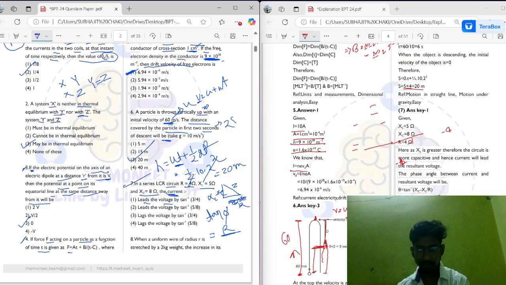That means R2 square by R1 square. R2 means R by 2, means 1 by 4. R1 cancels out. So del L2 means 4 into del L1, 4 into 2 mm, so it will be equal to 8 mm. The answer will be 8 mm.